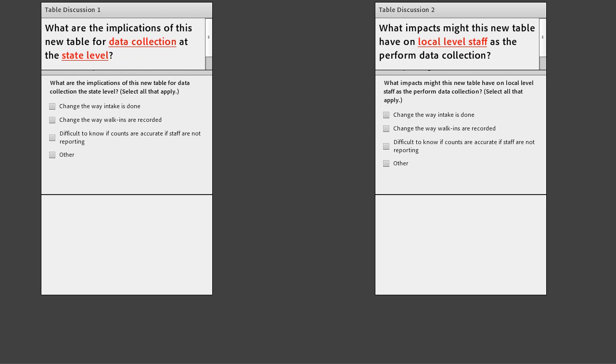So if you can answer both of these questions, what are the implications of the new table for data collection at the state level? And what impacts might this new table have on local level staff as they perform data collection? And if you respond to other, type in the box.